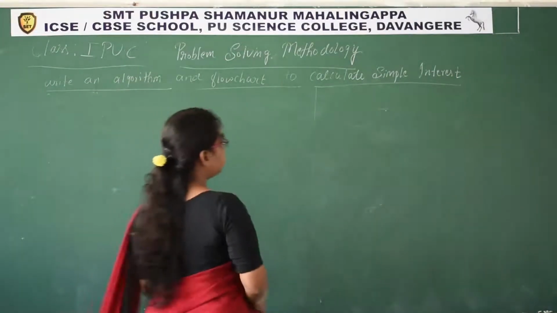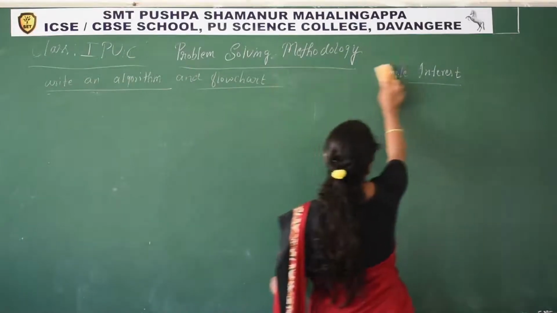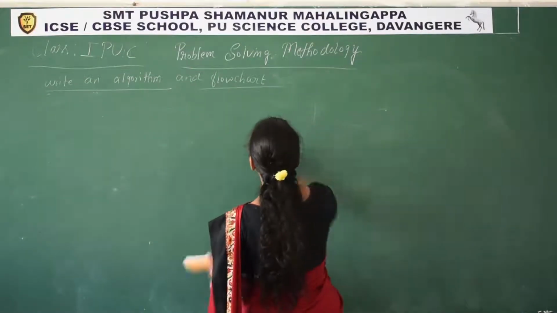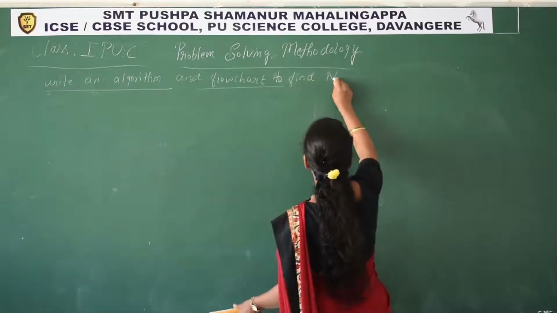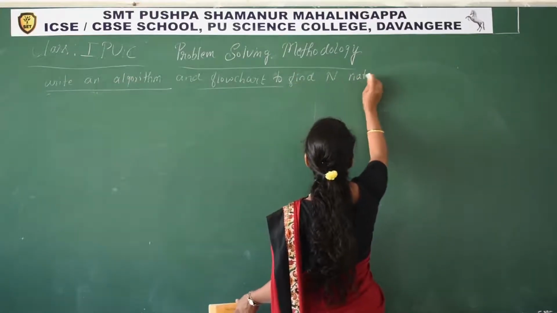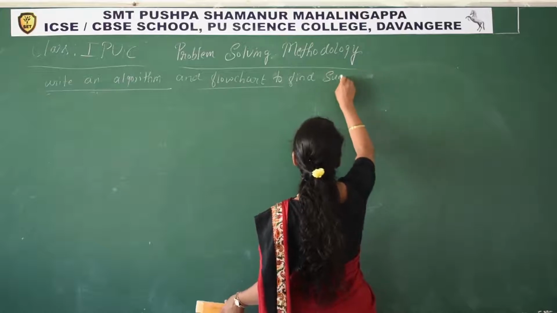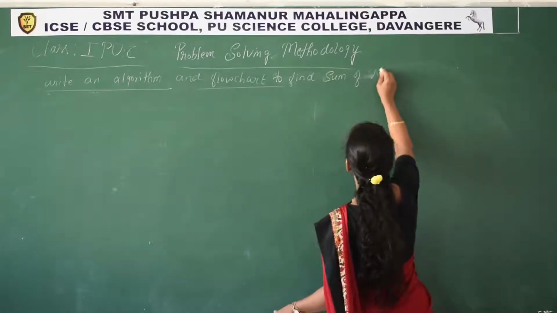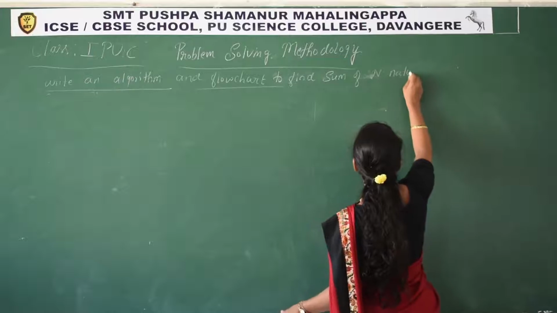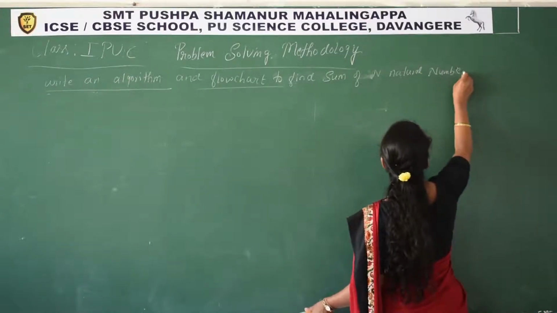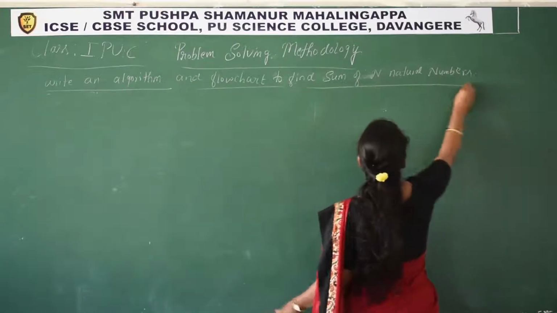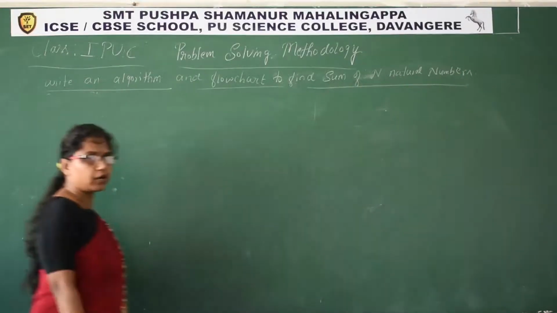Write an algorithm and flowchart to find the sum of n natural numbers. See, it starts from 1, isn't it?